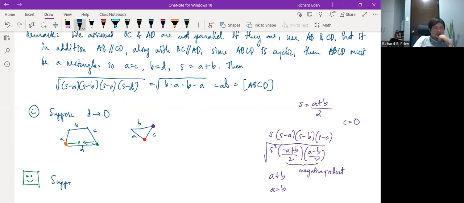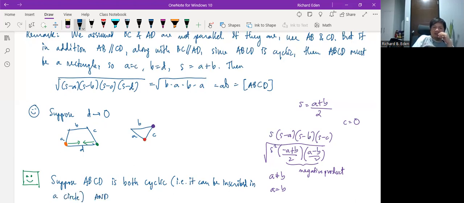Suppose okay, A, B, C, D is both cyclic. In other words, i.e., it can be inscribed in a circle.